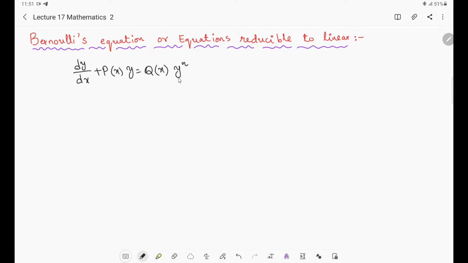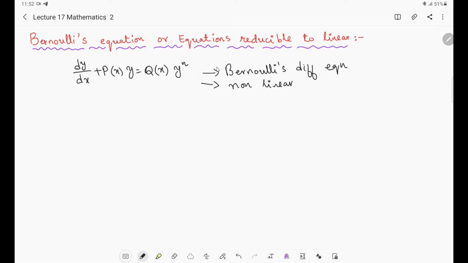But here you see that the dependent variable y has power n. So that is why this differential equation is called Bernoulli's equation, Bernoulli's differential equation, and it is a nonlinear differential equation.